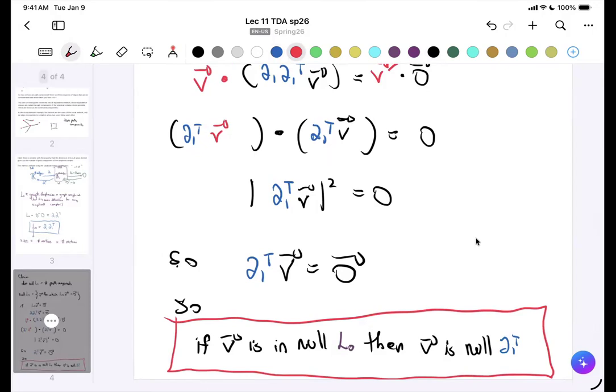Is that okay? Is that making sense up to this point? Questions up to now?